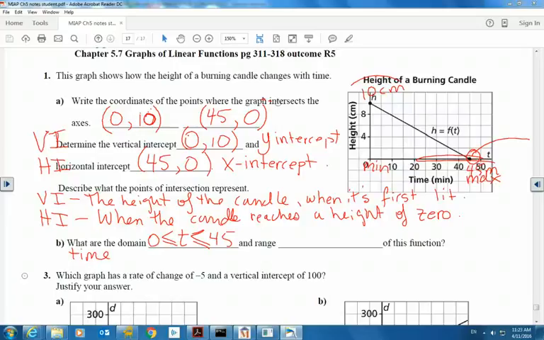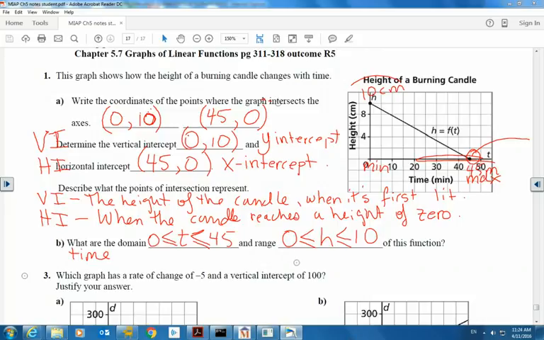And let's look at the range. What is the range here? So the minimum value is 0. What's my maximum value? 10. What's my variable? H. And then fill in the inequalities so that my statement makes sense. So let me write this in words here.